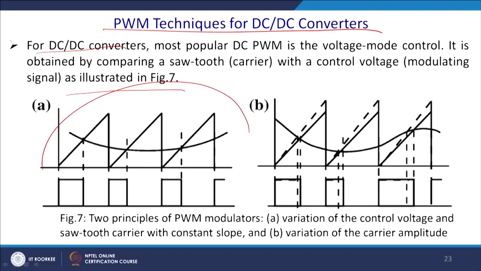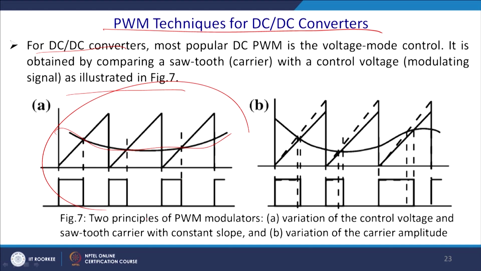So, this is your sawtooth waveform and this is maybe the capacitor output voltage, and it is swinging like this. Ultimately, what will happen? You can see that this is a duration and this duration changes, and you will have a different kind of switching pattern.